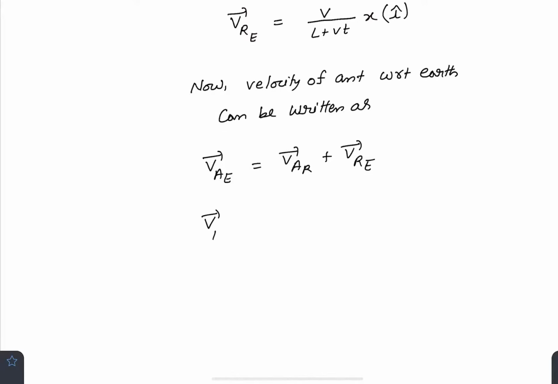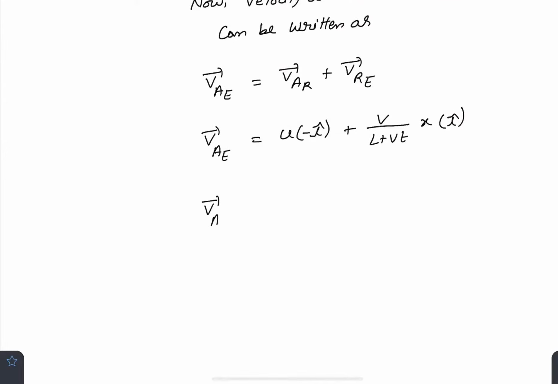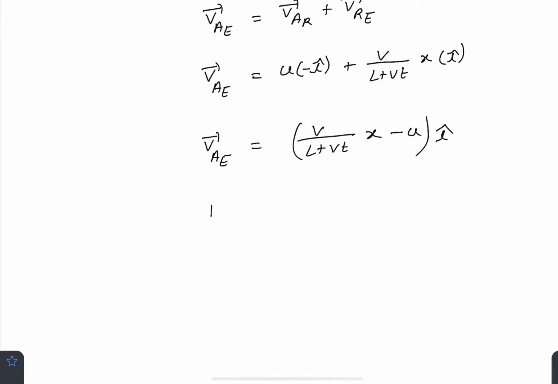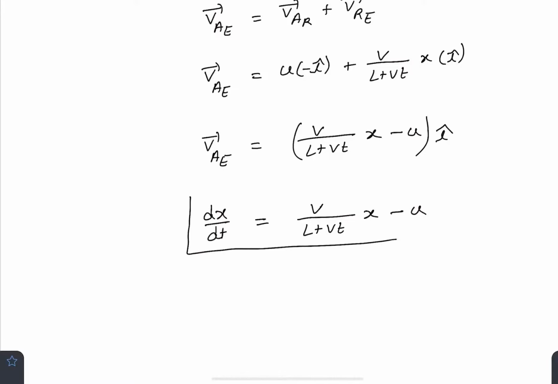So this is u minus I cap plus v upon L plus Vt x I cap, or we'll write the velocity of the ant with respect to earth as v upon L plus Vt x minus u I cap. This we are writing as dx upon dt, that is v upon L plus Vt x minus u. So this is the differential equation we got.